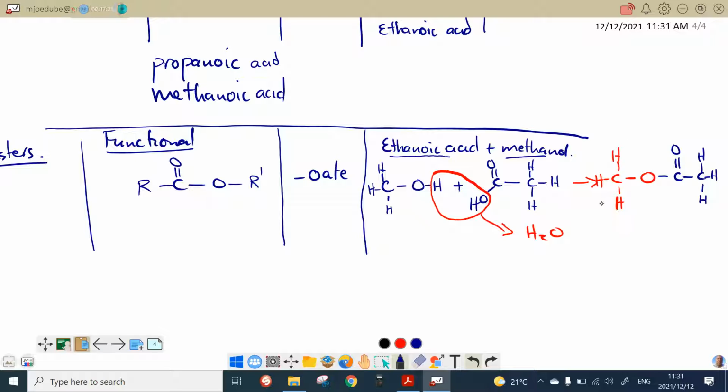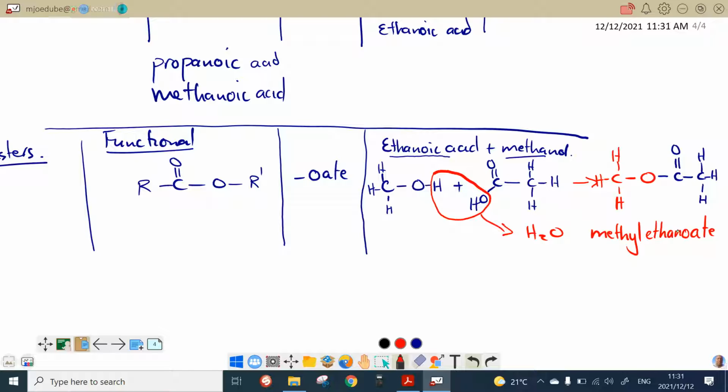The first part comes from the alcohol, and that is your methyl, since it has one carbon. Then the second part is the acid part, with two carbons, so it's methyl ethanoate, the ester that has been formed.